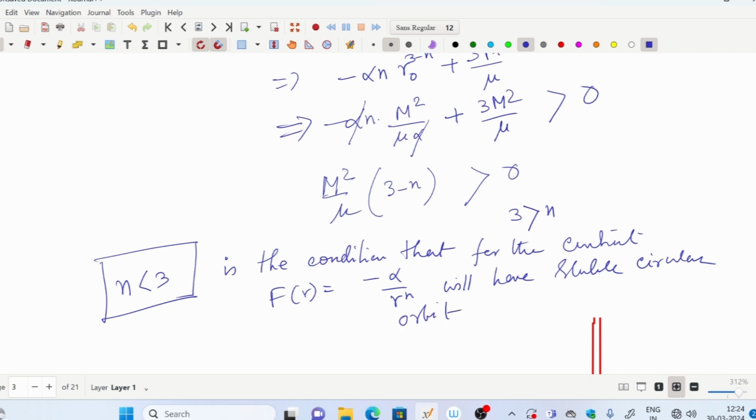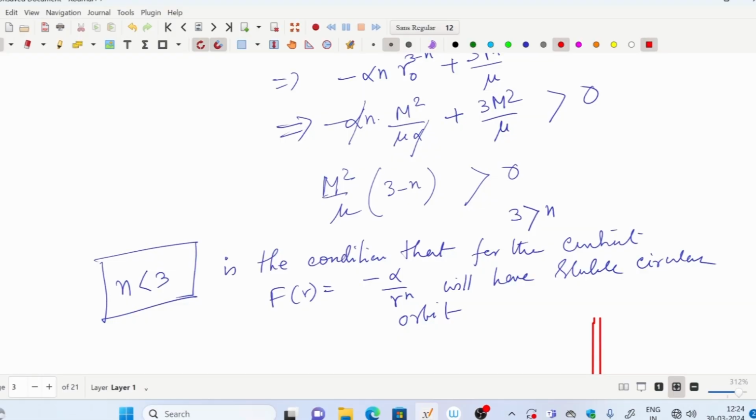So, we found under which value of n the central force F r, which is minus alpha by r to the power n, will have a true minima. And when you have the true minima, if the particle has the energy equal to the true minimum energy, then it will have a stable circular orbit.